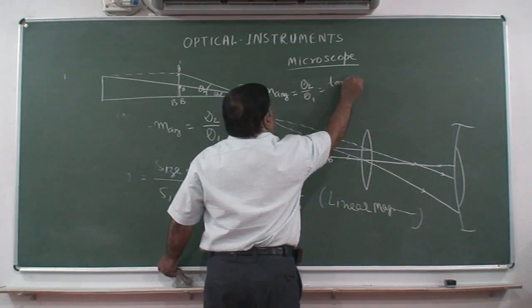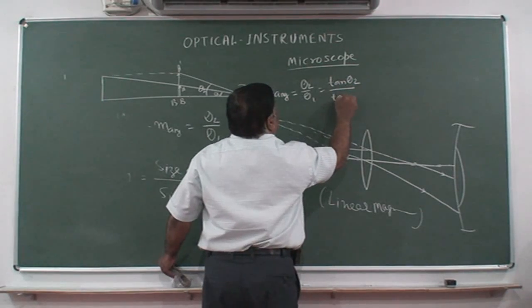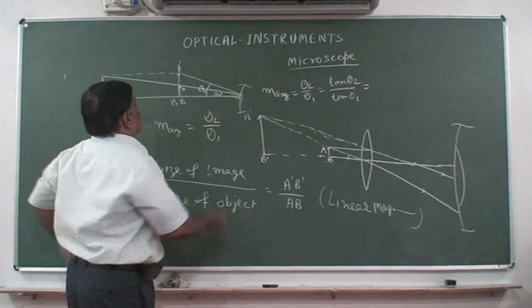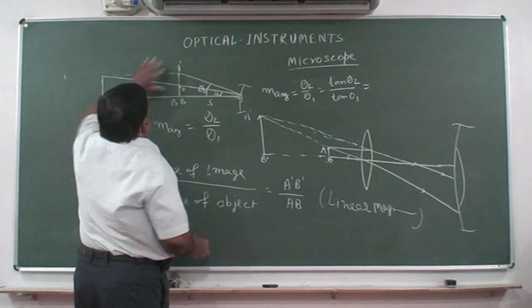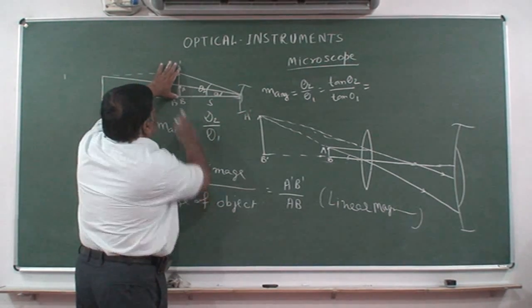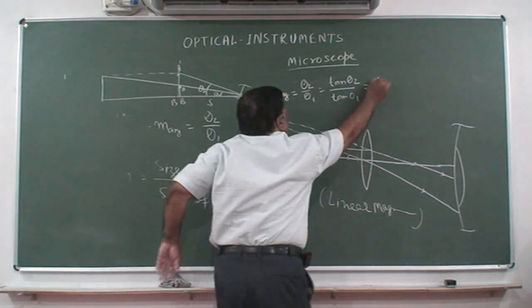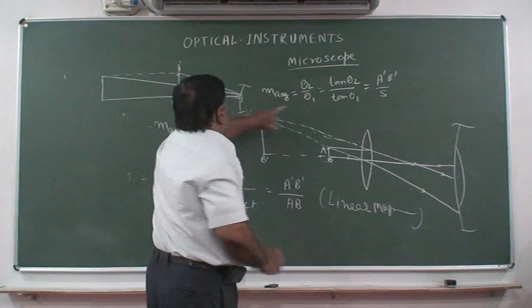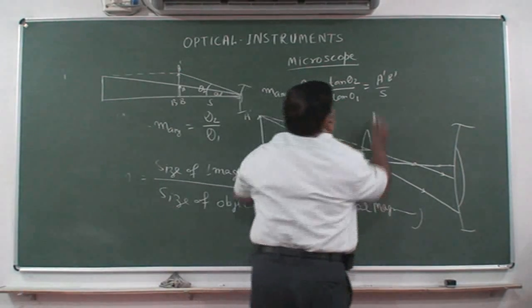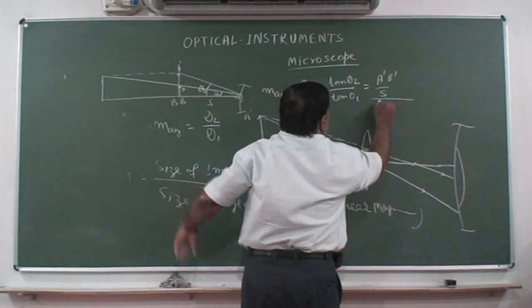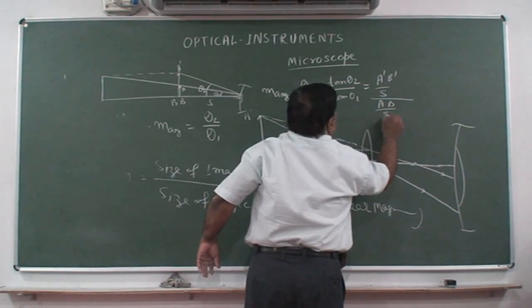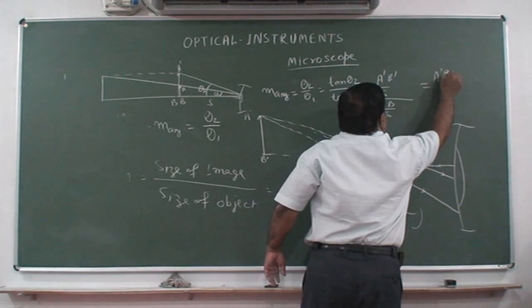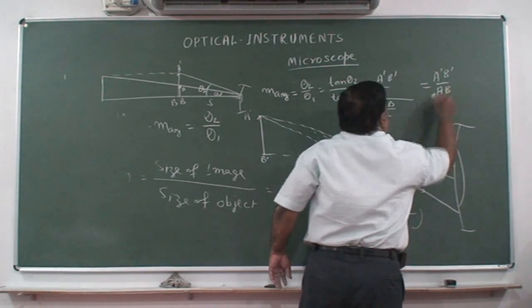This is tangent theta 2 upon tangent theta 1. This is equal to, when we write tangent theta 2, then this is a dash b dash upon s. When we write tangent theta 1, then this is AB upon s, and this gives us s is cancelled, a dash b dash upon AB.